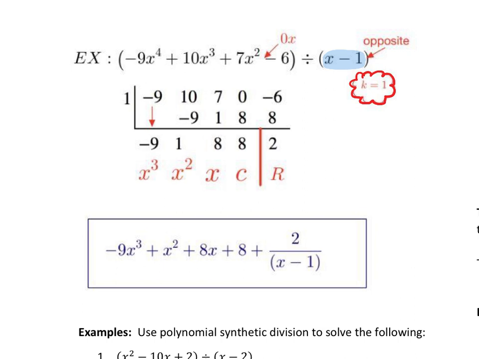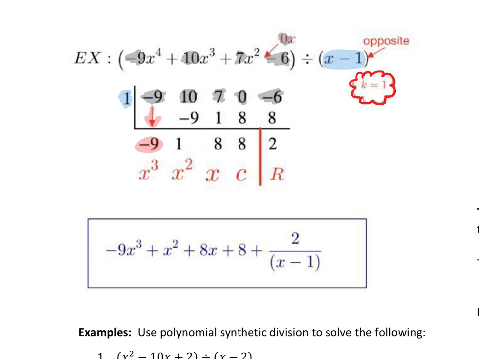That number goes here, my house number. Notice then that these numbers are all the coefficients from the dividend. Do you see how those are literally the same numbers? Oh, but there is a 0 because we were missing it, and then negative 6, negative 6. We just put all the coefficients down. The Big Mama steps say that we are going to bring down the negative 9.